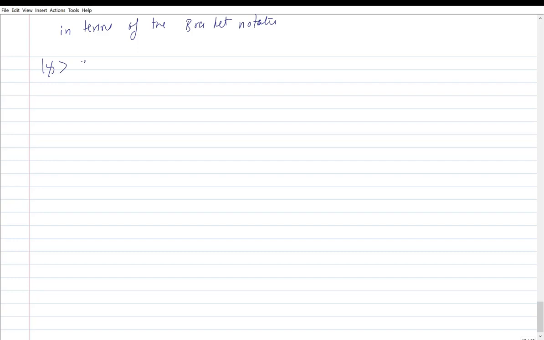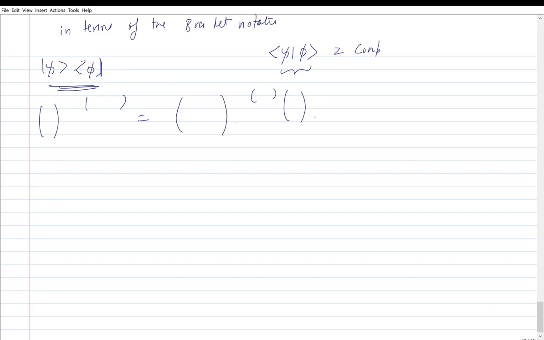You have a guy, this is an operator, mind you, this is an outer product. Mind you, this was a number, this was a complex number where a row was getting multiplied to a column. This is an outer product where a column is getting multiplied by a row. I'll get a matrix.